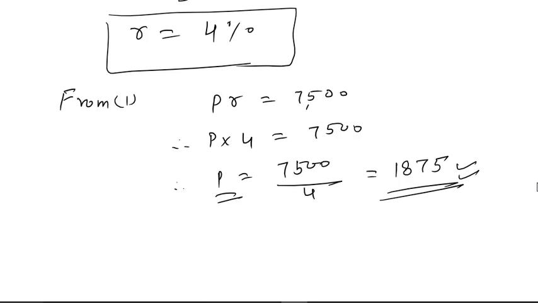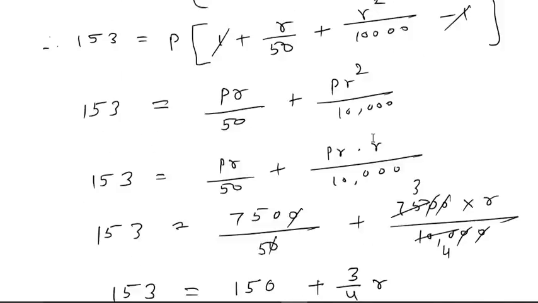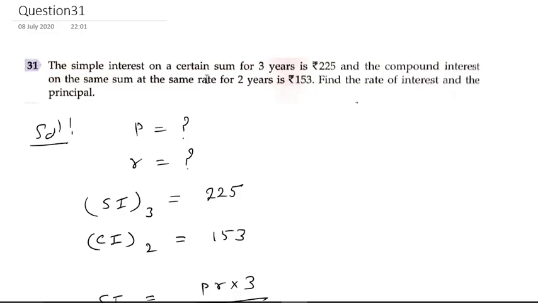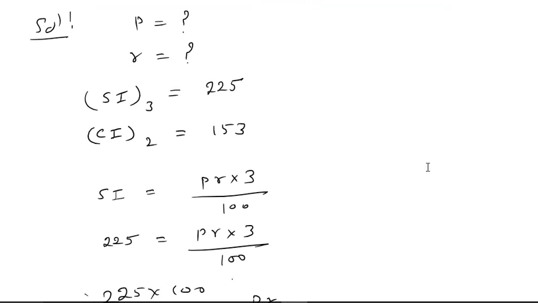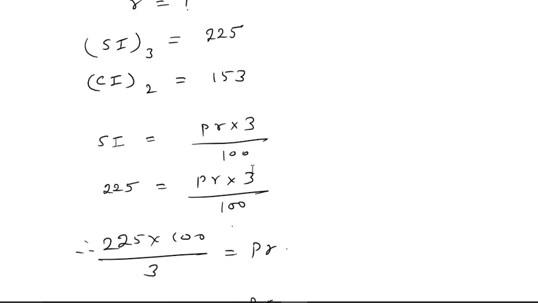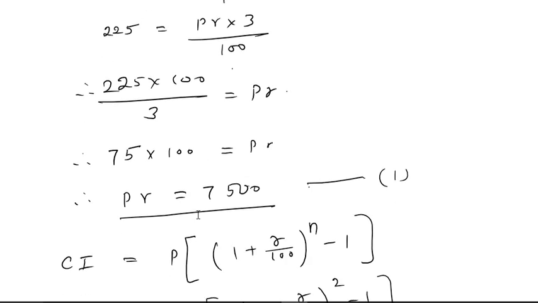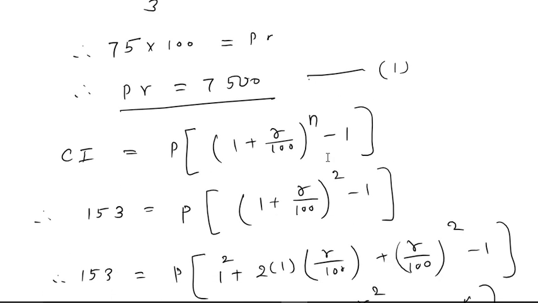Let us revise again what was our problem and what we have done. The simple interest on a certain sum for 3 years is given as ₹225 and the compound interest on the same sum for 2 years is given. We have to find the rate of interest. So what have we done? We applied the formula for simple interest for 3 years, and from that we got the value of PR. Then we applied the formula for compound interest for 2 years.